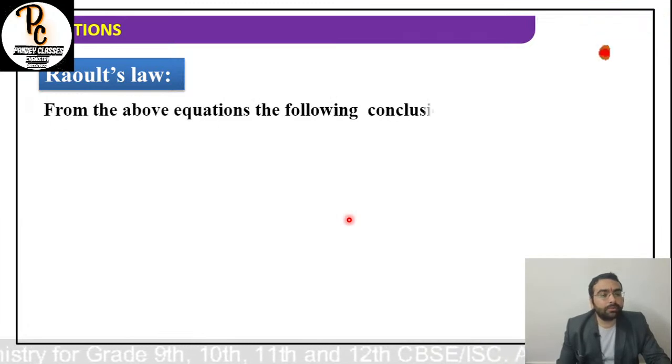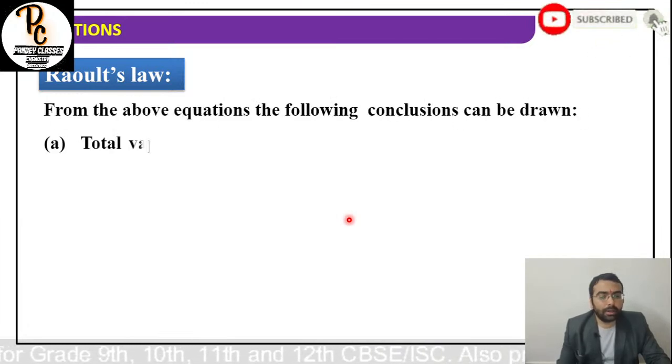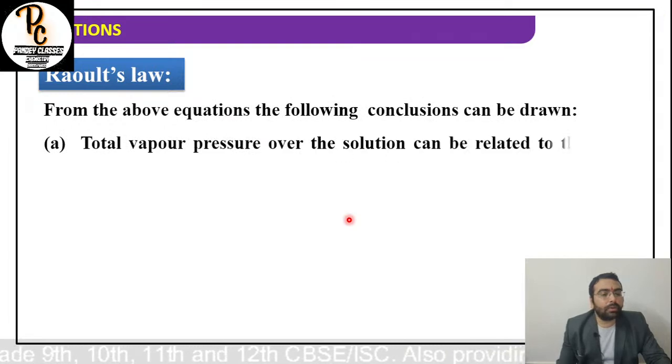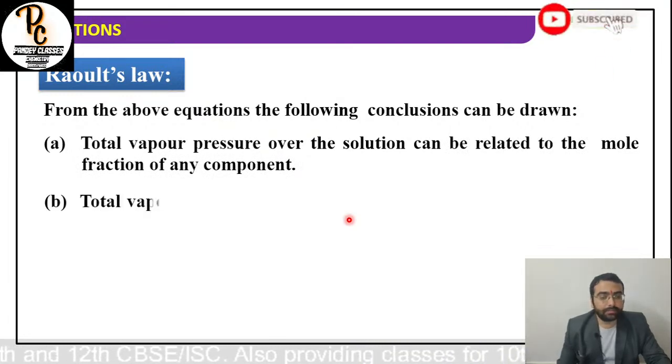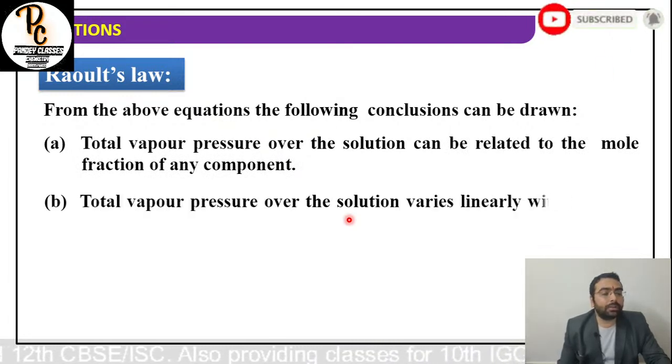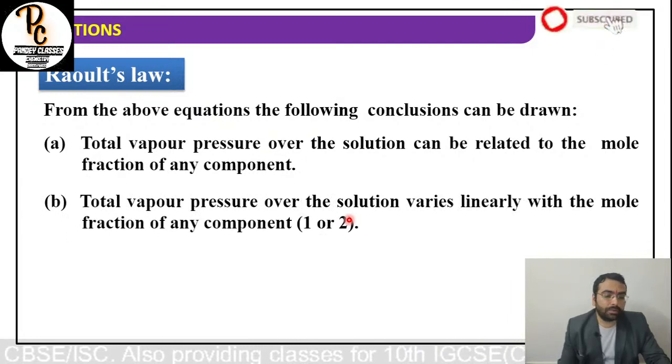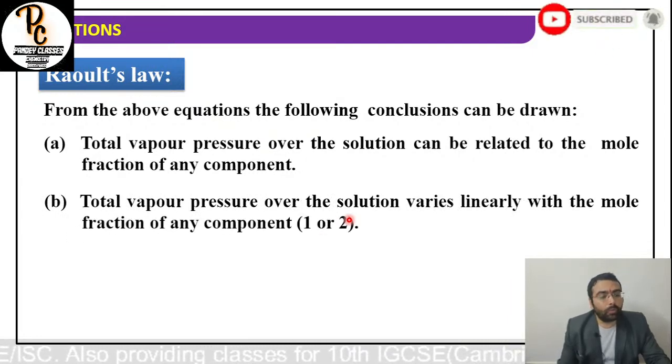From the above equation, the following conclusion can be drawn. Total vapor pressure over the solution can be related to the mole fraction of any component, which we have already done. Total vapor pressure over the solution varies linearly with the mole fraction of component 1 or 2.